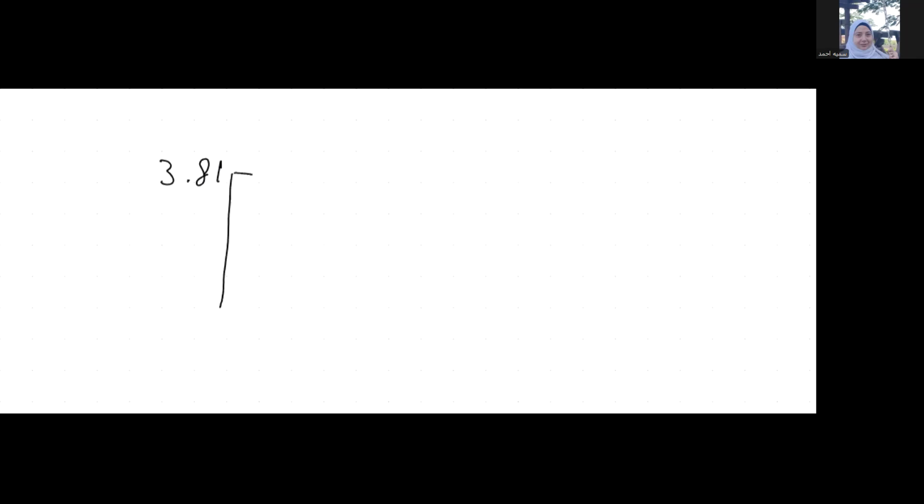We can write it in words: 3, and instead of the decimal point we will say and, 3 and 81 hundredths.